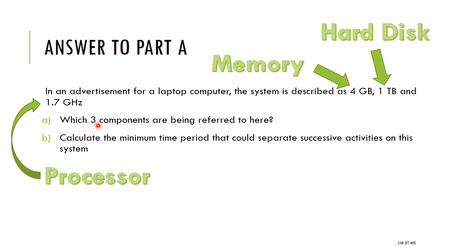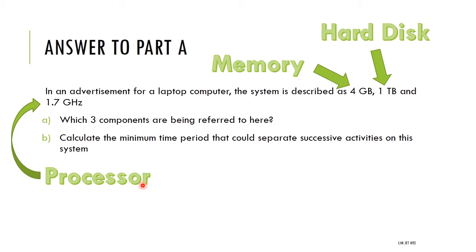We have three components. I've given the answer here, but let's work it out. One of the components is very different from the rest. This one is 1 gig, this one is 1 tera, and this is 1 gigahertz. So it's quite obvious that this refers to the processor.